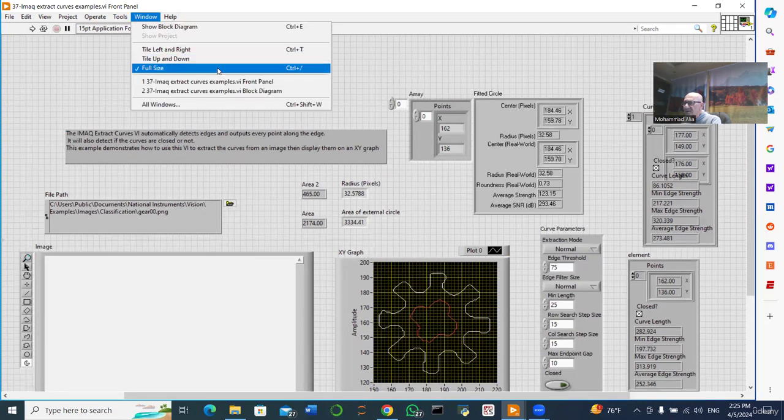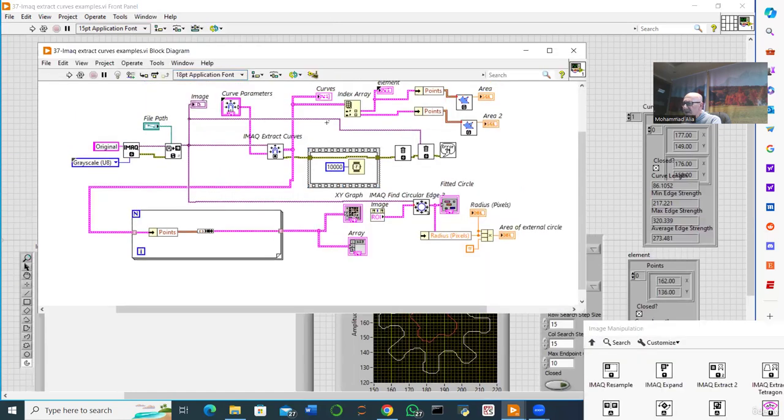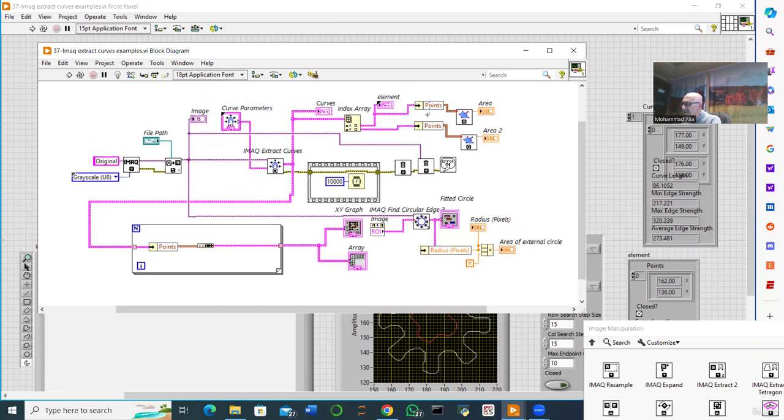So after indexing, I use the function, I don't write it, maybe unbundle by name here, and this is the same unbundle by name. With unbundle by name, I took from it the points at the perimeter of this white configuration.